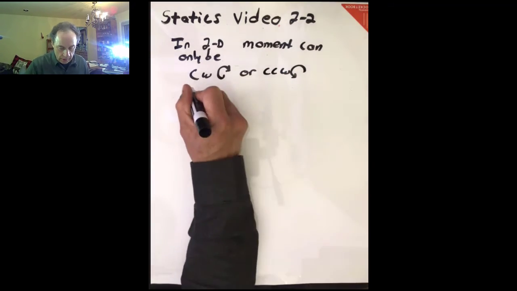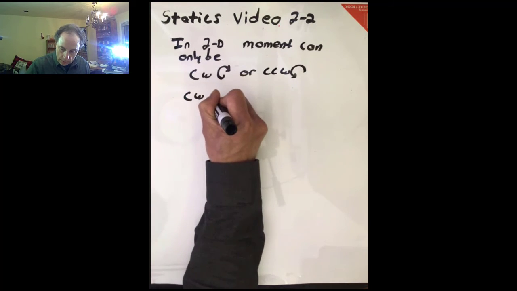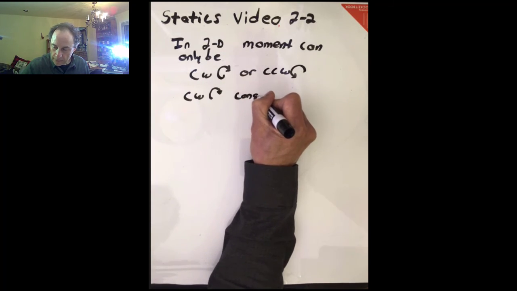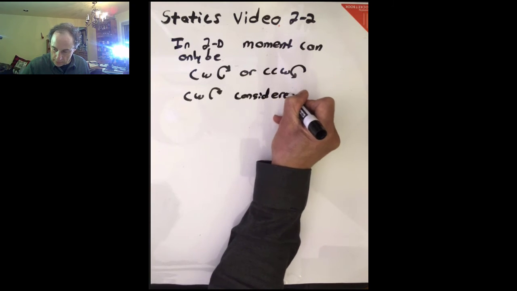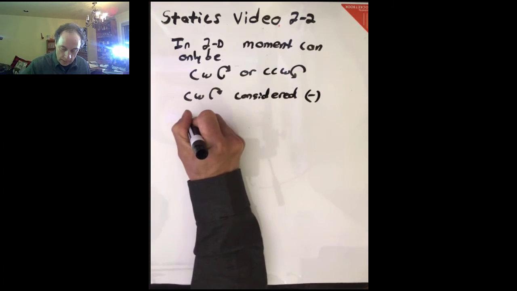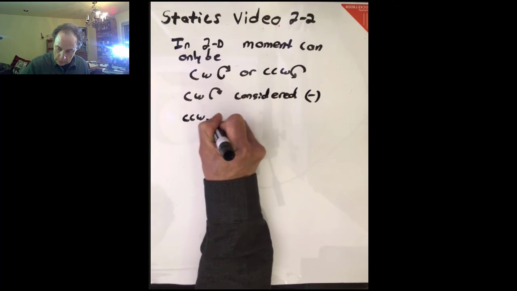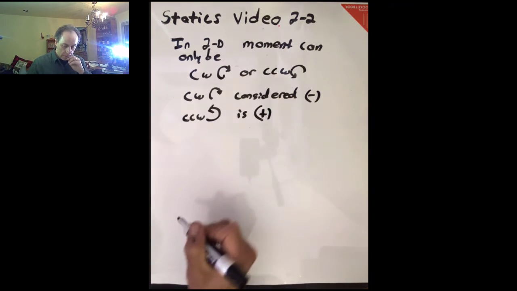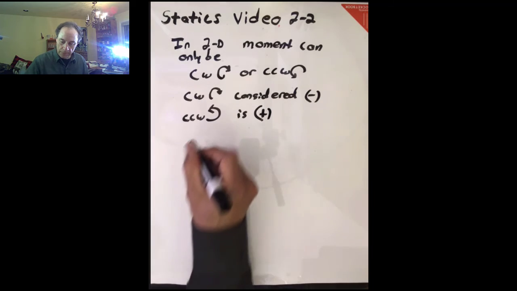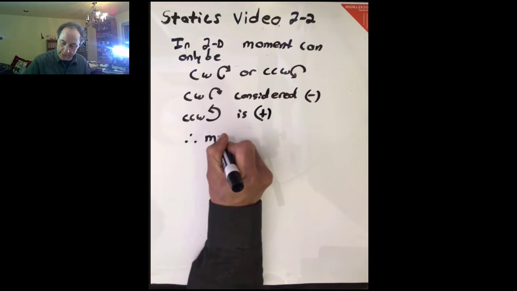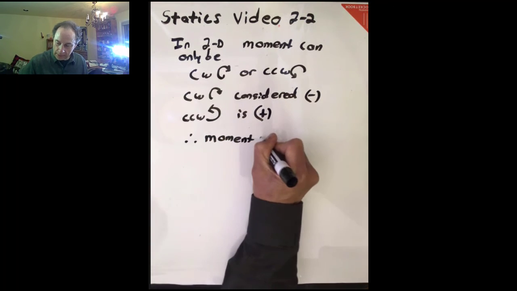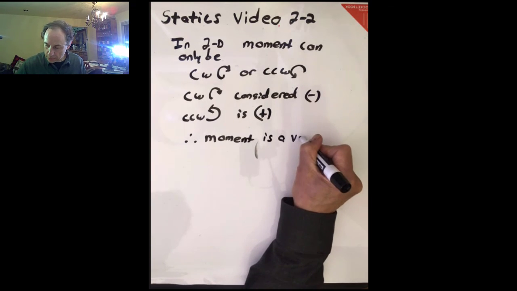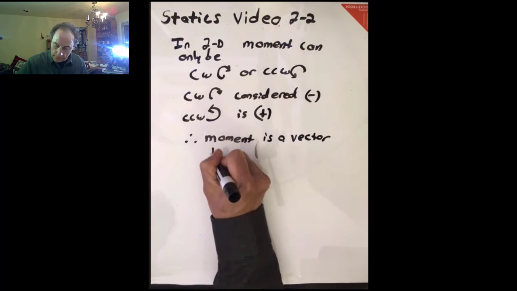And by definition, clockwise is considered negative, and counterclockwise is positive. Therefore moment is a vector since it has direction, M bar.